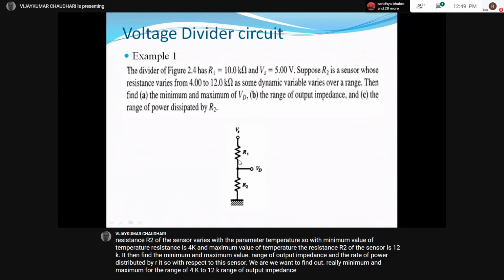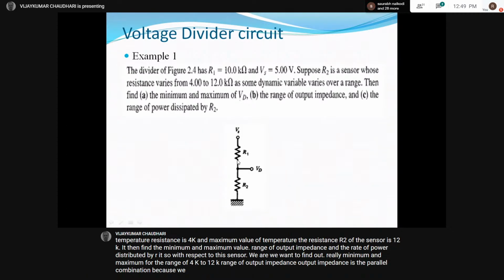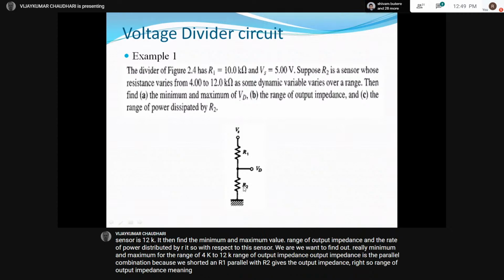Output impedance is the parallel combination, because with Vs removed and shorted, R1 parallel with R2 gives the output impedance, right? So range of output impedance means minimum value of R2 and maximum value of R2 in parallel with R1. That will give the minimum and maximum output impedance, right? And the range of power dissipation by R2.